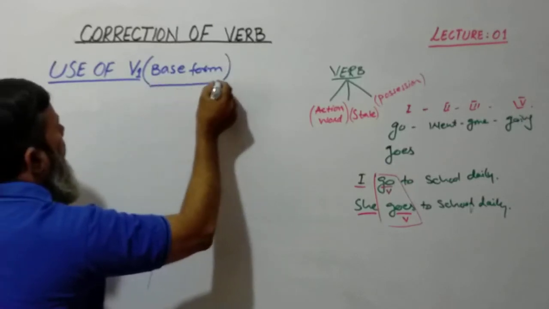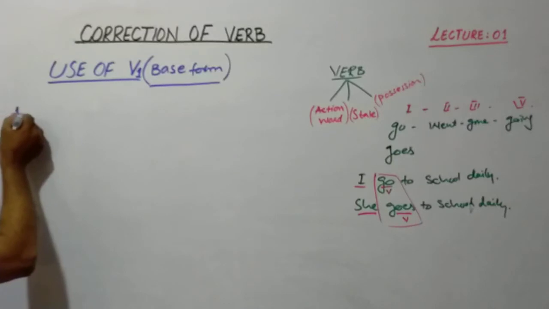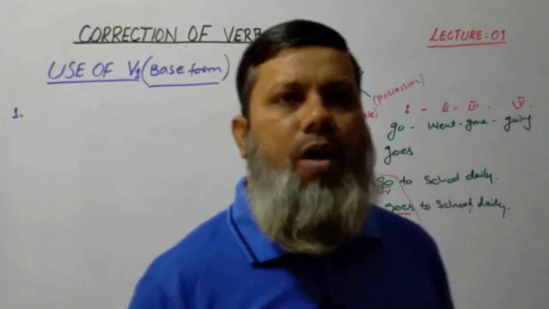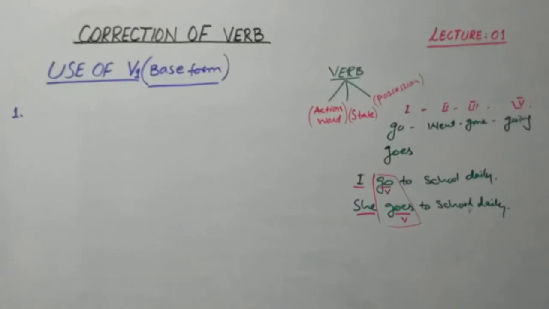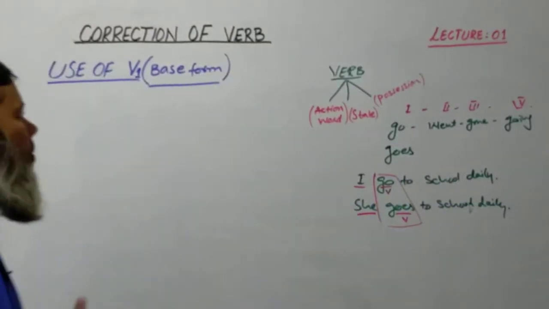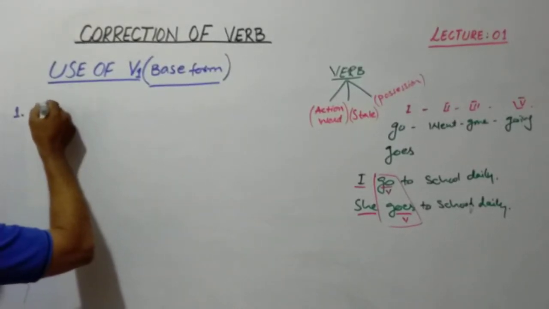The first form or the base form. Okay? Now, number 1, use of the base form. I think you can recognize the first form and the base form of the verb very easily. Yes, of course. So please clear this in your mind. First, we use it for daily routine.